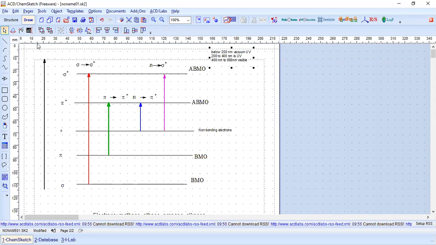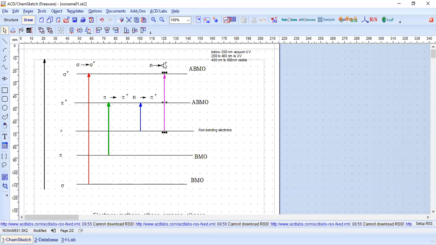Now, similarly, n to sigma star. This is also highly energetic. This is also coming in the same region, near 200, 180 or 210 in that range. That means these both electronic transitions are highly energetic and they will be going below UV radiation range.